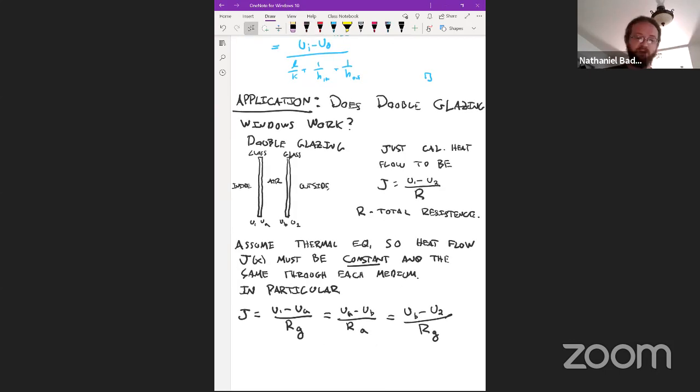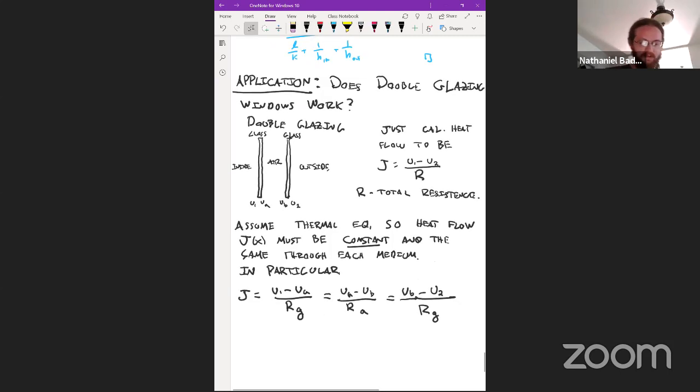We should have the same thermal resistance, right? Modulo those properties that I talked about before. I should say, maybe in parentheses, we're assuming the thermal resistance in the glass is the same.